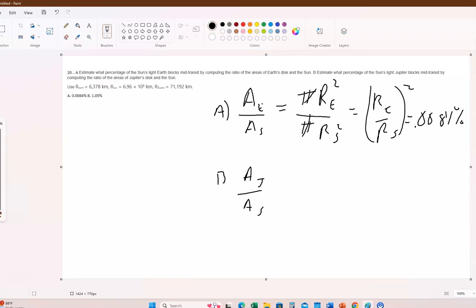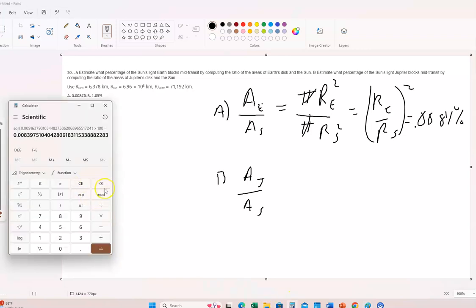All right, and let's do that for Jupiter real quickly, and we'll get a bigger number. All right, so Jupiter is 71192 divided by 6.96 times 10 to the fifth equals, and then of course again you've got to multiply by 100 to put it in a percentage. All right, so I think I did something wrong.